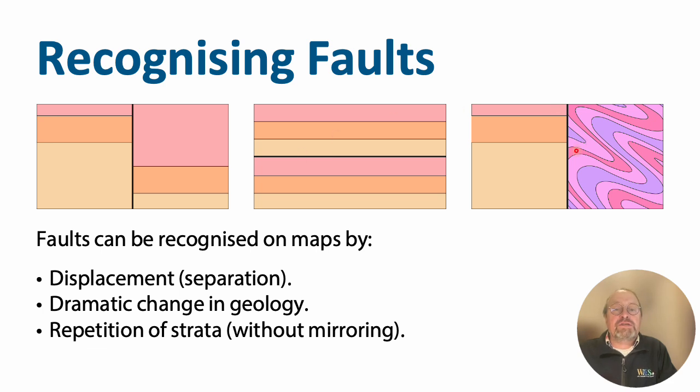And last but not least, we see a dramatic change in stratigraphy here between the well-bedded units on the left here and something really crazy and folded here, and this sharp change in the geology essentially requires us to put in a fault here to explain it, because you can't offset these against one another. It doesn't make any sense.